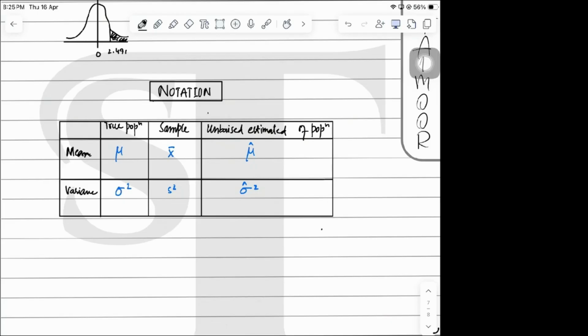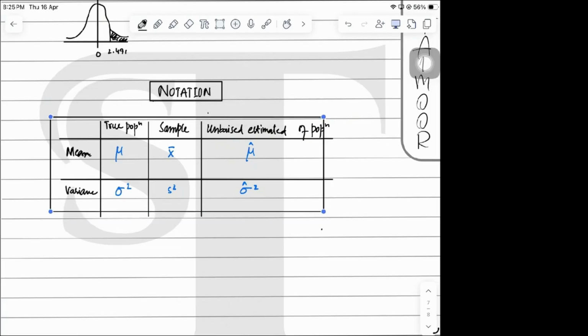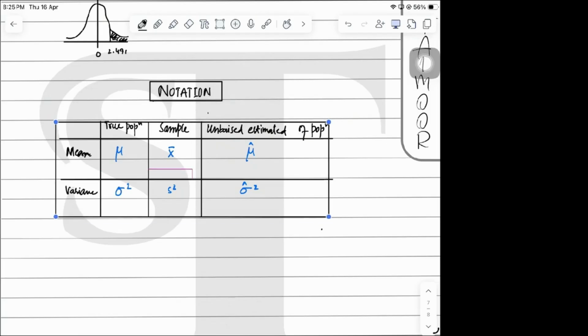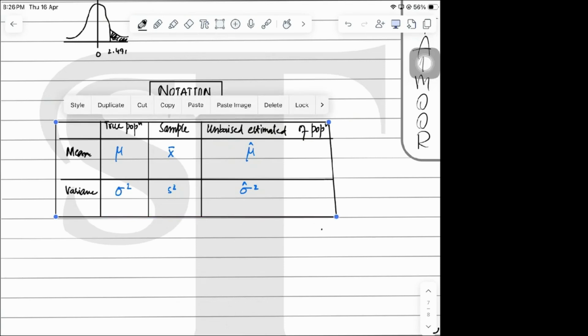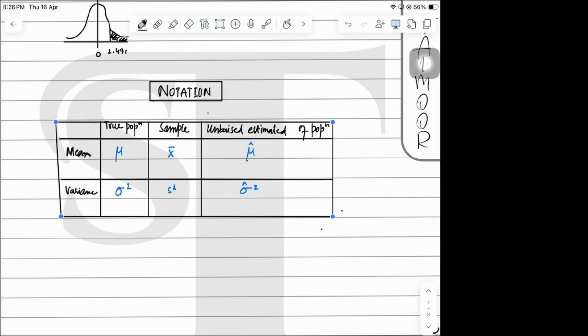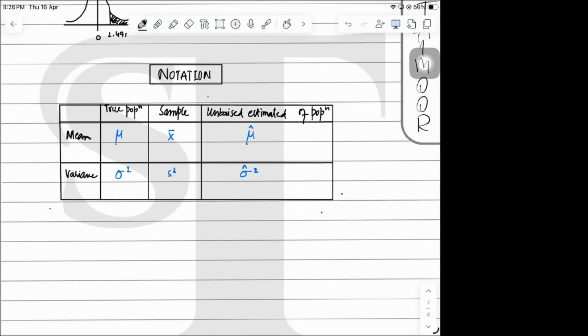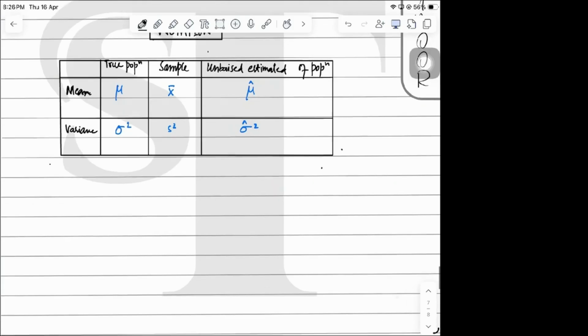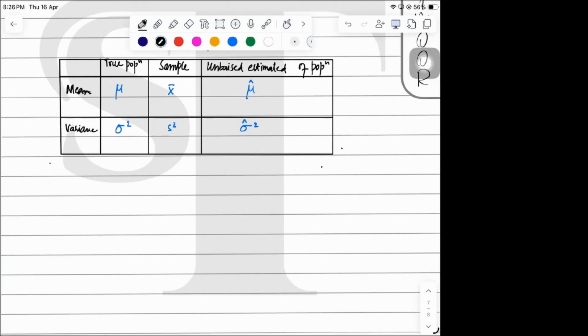Have you written? Yeah, one second. I wrote it. You wrote it? Okay, now I'm just going to write the unbiased estimate formulas, and they are very important.